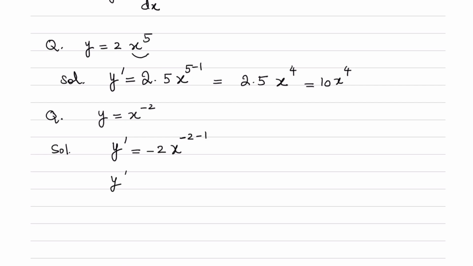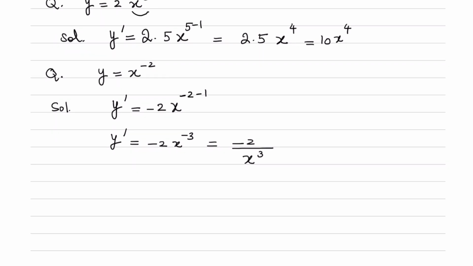And then you simplify. It gives you minus 2x to power minus 3. And then you can simplify it further by putting minus 2 divided by x to power 3. So when you bring this x to power minus 3 down, it becomes x to power 3.